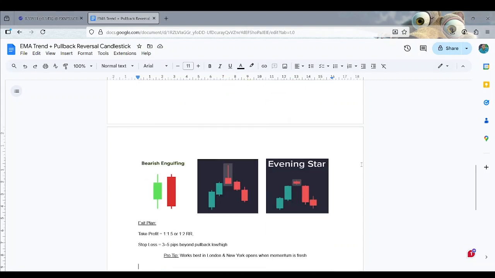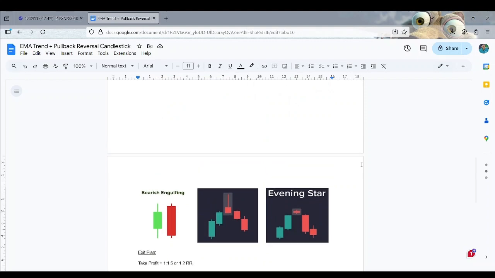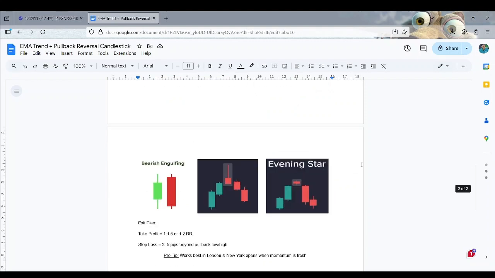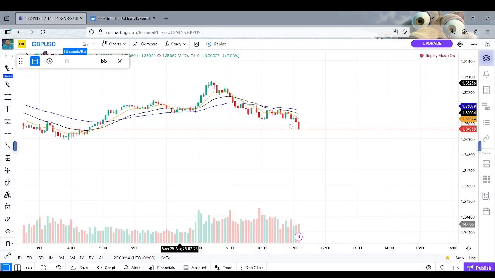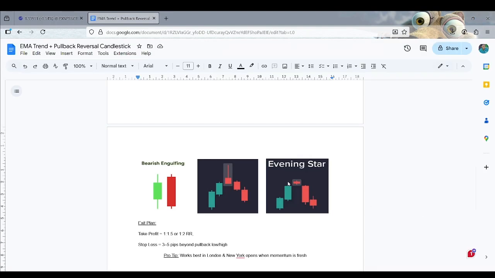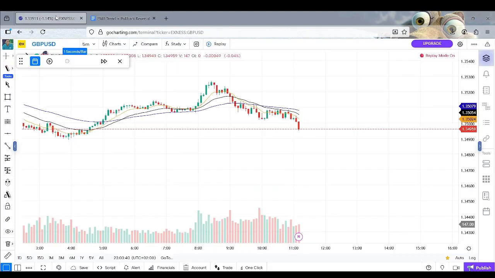Yes. If I'm not mistaken, I'm looking at either a shooting star or an evening star. Let's see again right here. I'd say that's what I'm looking for. Specifically an evening star. That's an evening star.